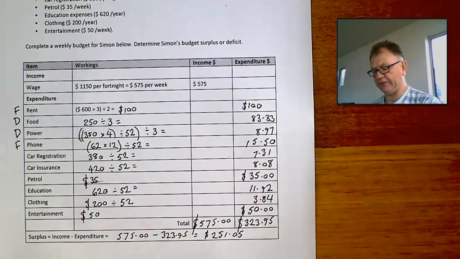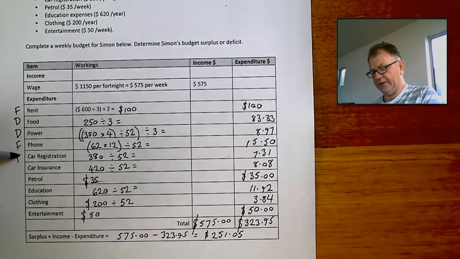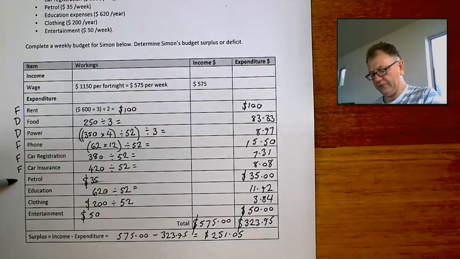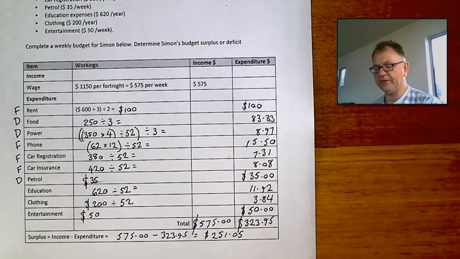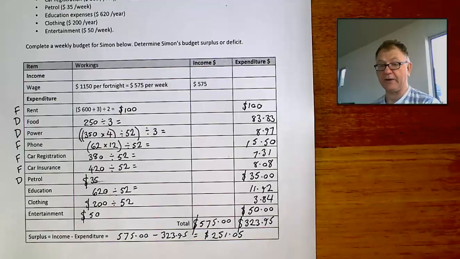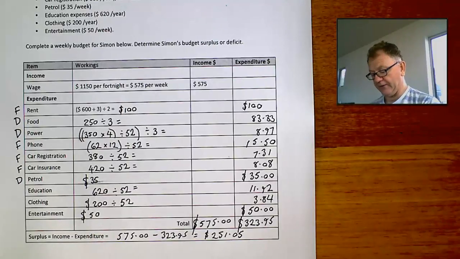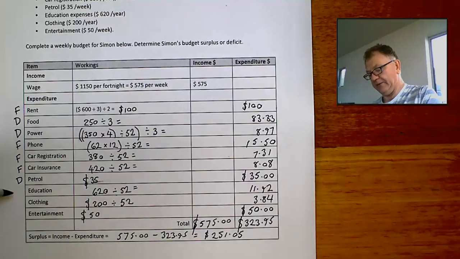Car registration and insurance are both fixed. There's nothing that he can do to control the amounts, whereas petrol, if he travels less distance, he'll use less for fuel. That makes it a discretionary item. I'm assuming that his education there are things like course fees and stuff like that, so they would be fixed expenses.